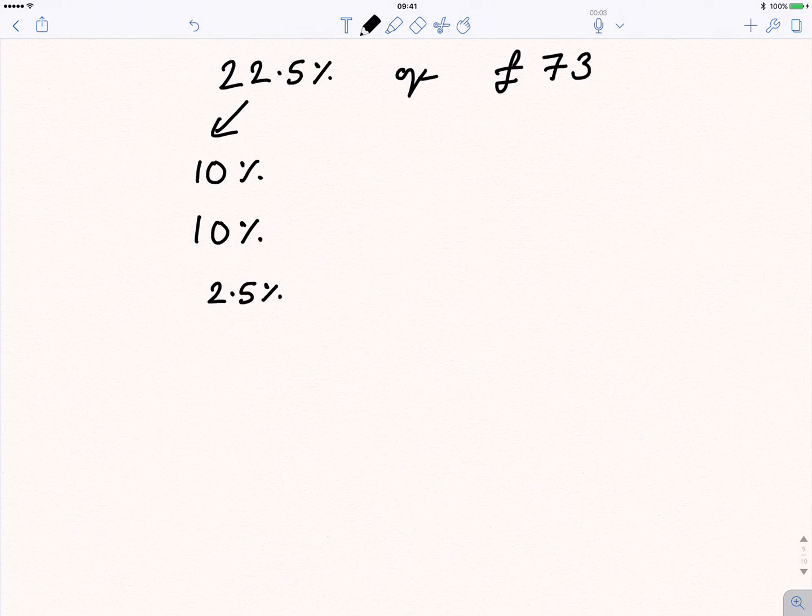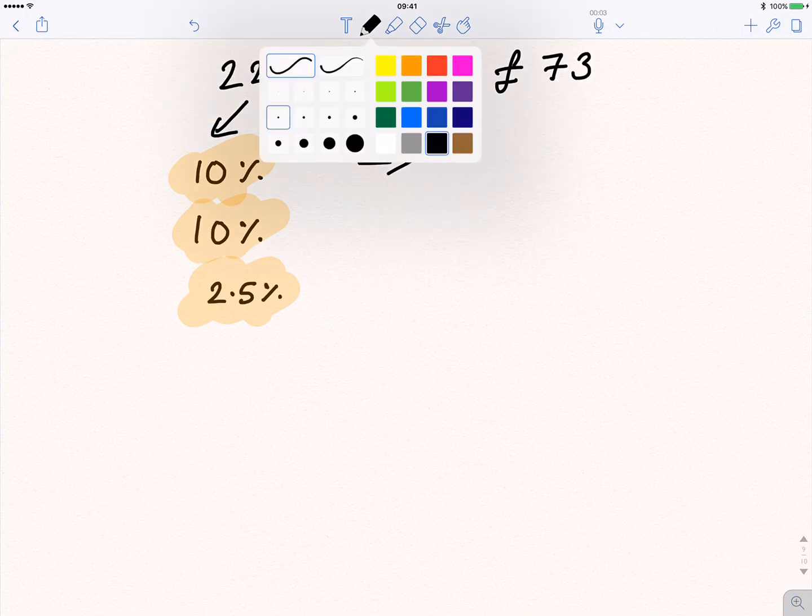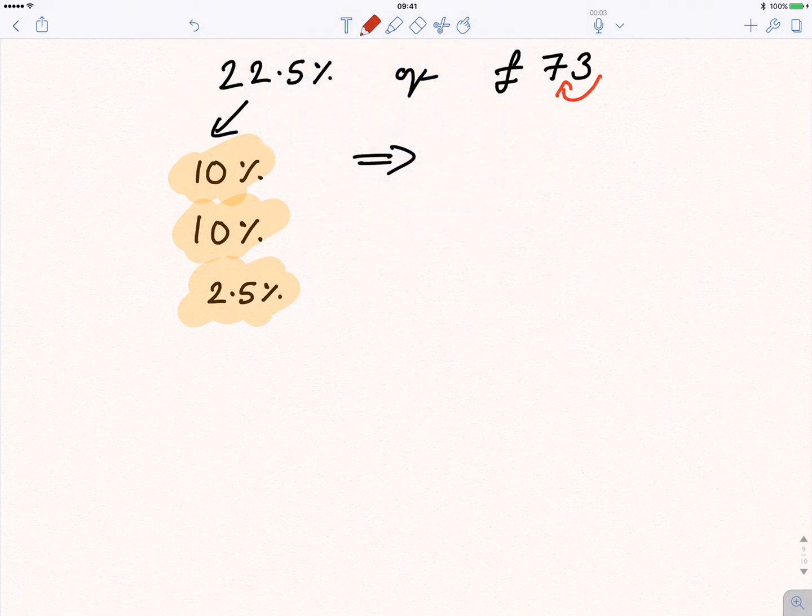You can clearly see that these amounts add up to make 22.5%. The question is, how do I work out each? We know how to work out 10%. We just divide by 10, so we just move the decimal one place to the left. That becomes £7.30.